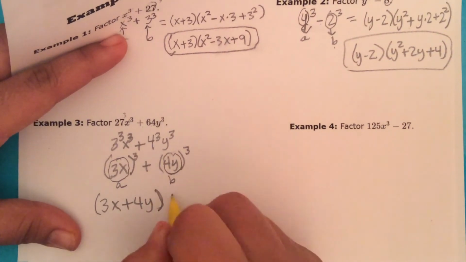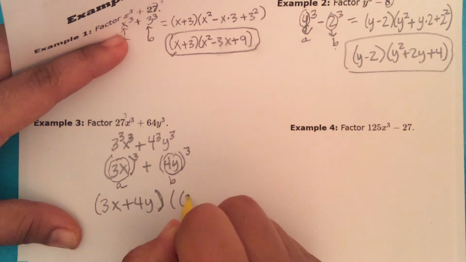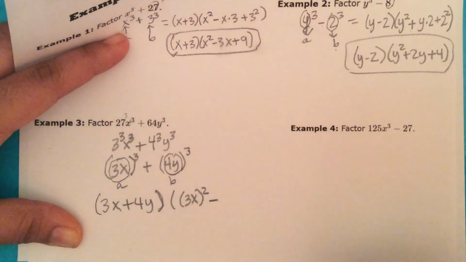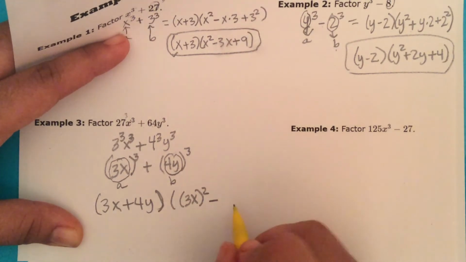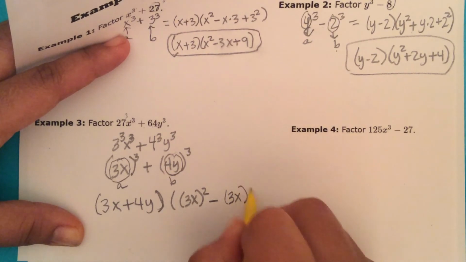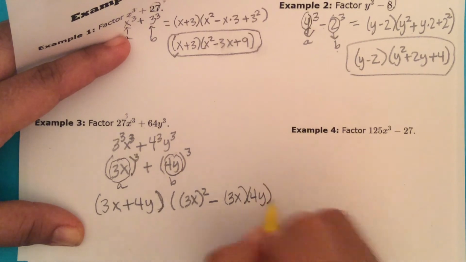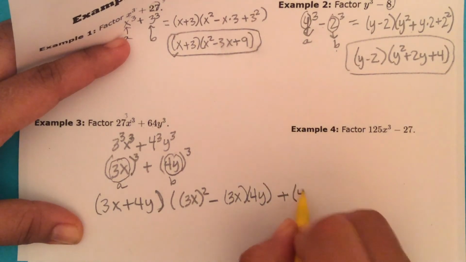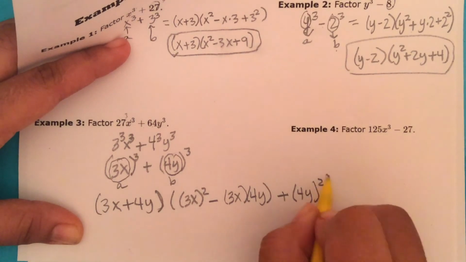Okay. Then it's the whole thing, 3x squared. Minus, there's a minus sign right there. And then it's a times b. So then that's going to be 3x times 4y. Plus b squared, so 4y squared.